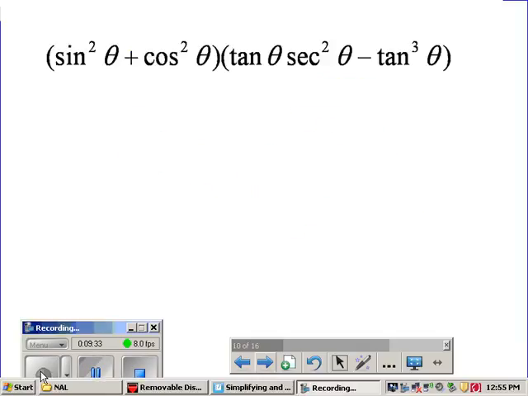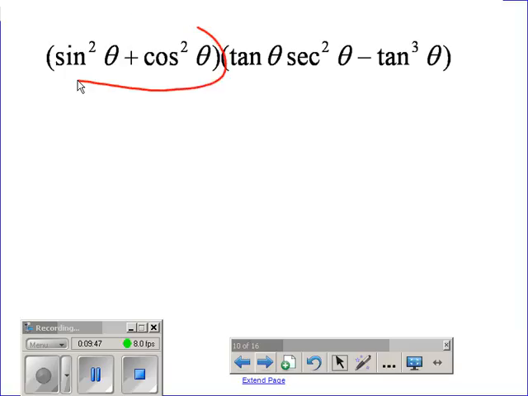Now this is another example where we're going to be able to use some factoring, and we're also going to be using our Pythagorean identities. Right off the bat, I can tell that sine squared theta plus cosine squared theta is going to be 1. So I've got 1 times whatever this is going to be.